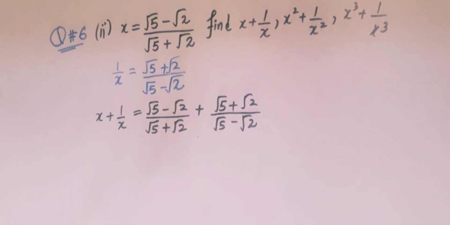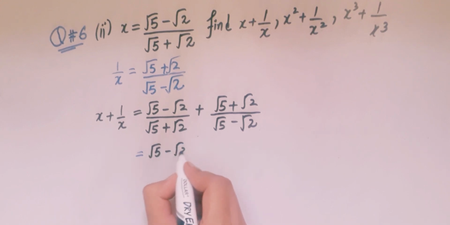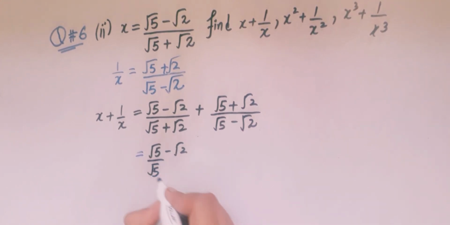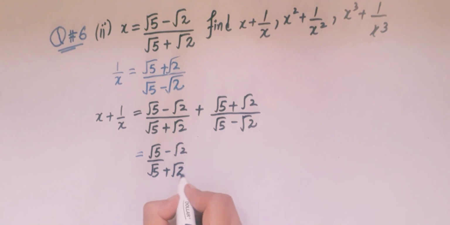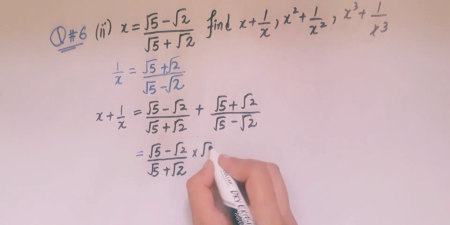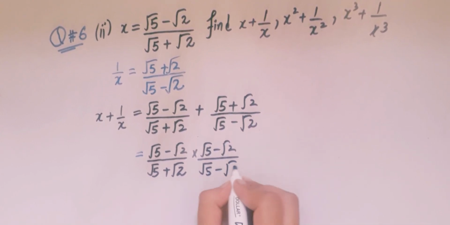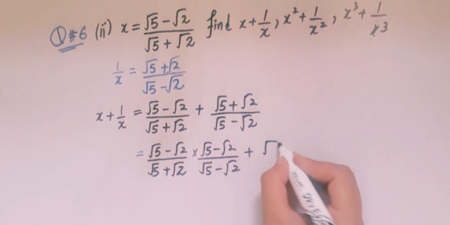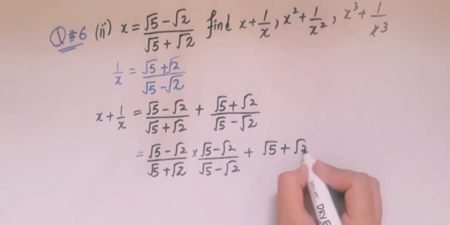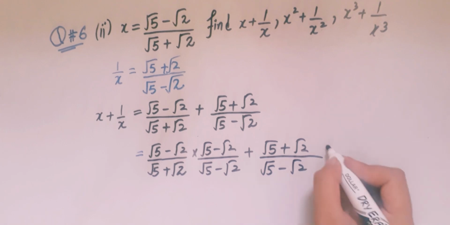Now we will rationalize these terms. Square root of 5 minus square root of 2 by square root of 5 plus square root of 2, multiply by square root of 5 minus square root of 2 over square root of 5 minus square root of 2, plus square root of 5 plus square root of 2 by square root of 5 minus square root of 2.